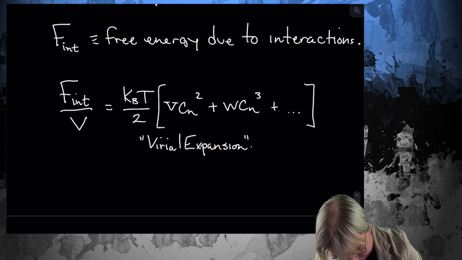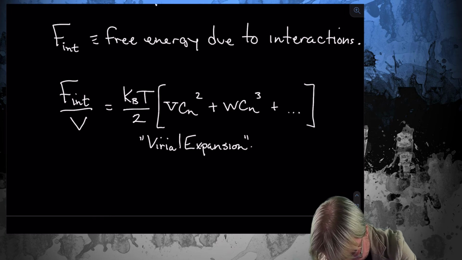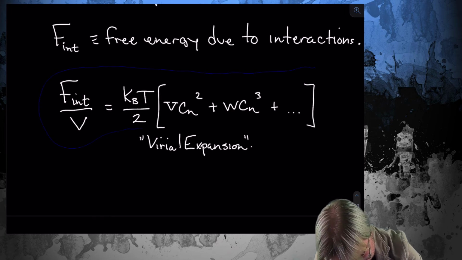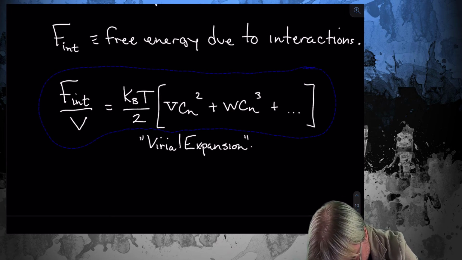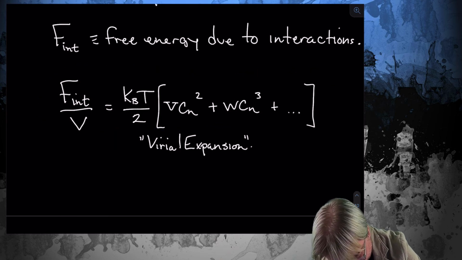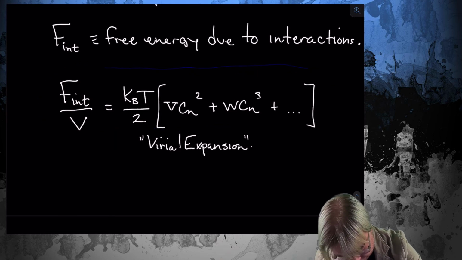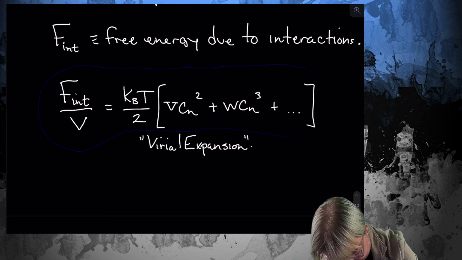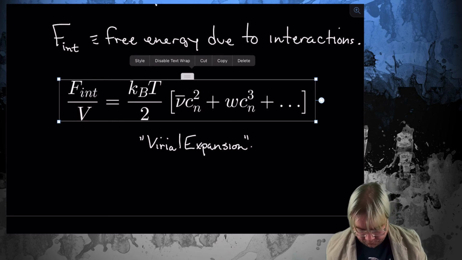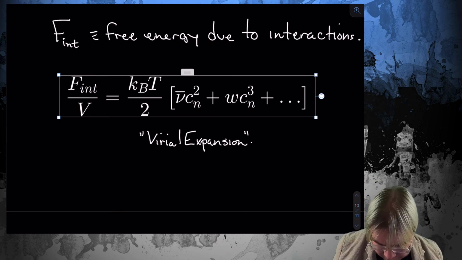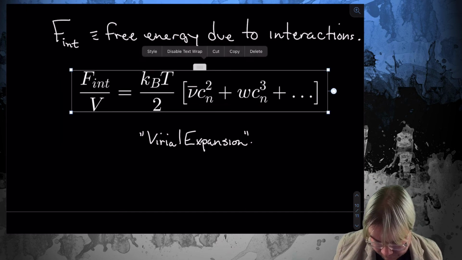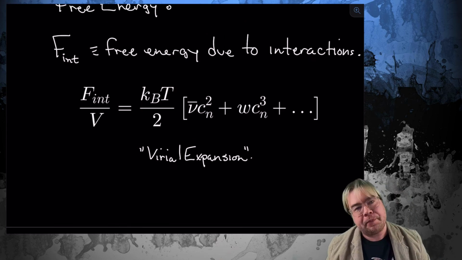All right. In fact, let's even do this so that it's neater for you. Convert to math. Boom. And now we have an equation. All right. So this is the free energy due just to interactions.